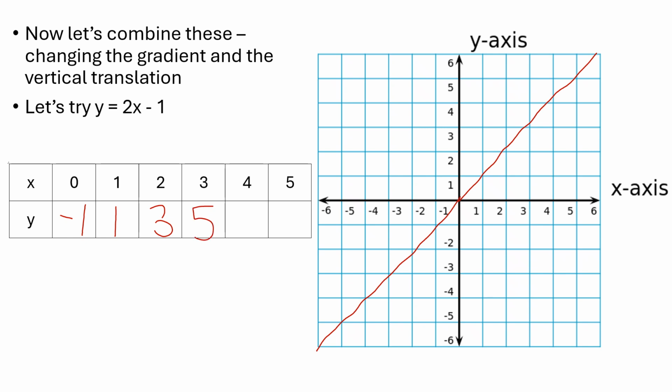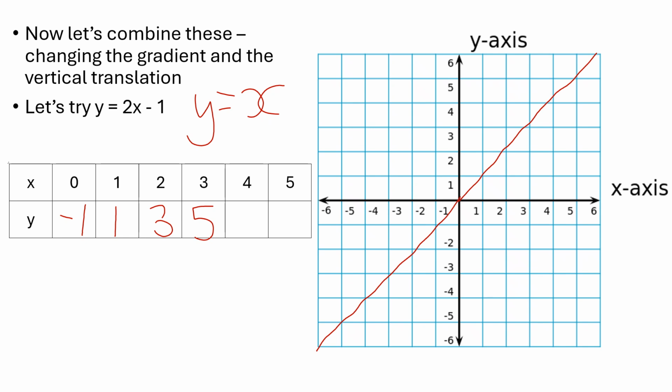But the other way we can do it is we can view our basic graph as our starting point and then carry out 2 translations, 2 changes to it. So our red line is y equals x. The first thing we're going to do is we're going to change the gradient.